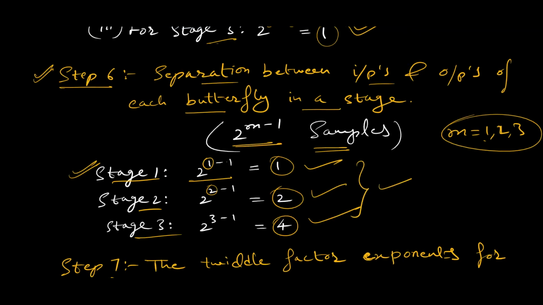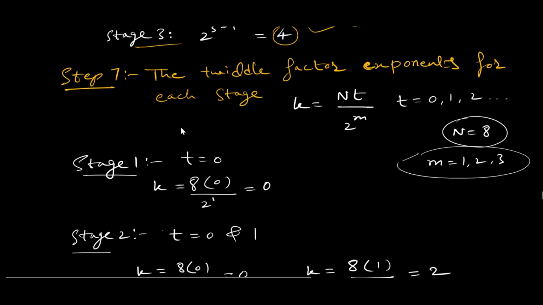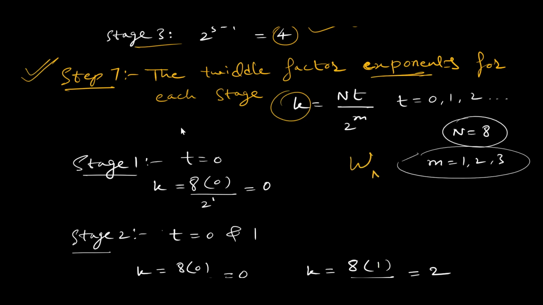We'll use these values in step number 7 to find out the number of twiddle factors to be calculated. Actually it determines the exponent value of the twiddle factor, the k value. Step number 7 will determine the twiddle factor exponent, k. We generally write the twiddle factor as W, with base N to the power k.